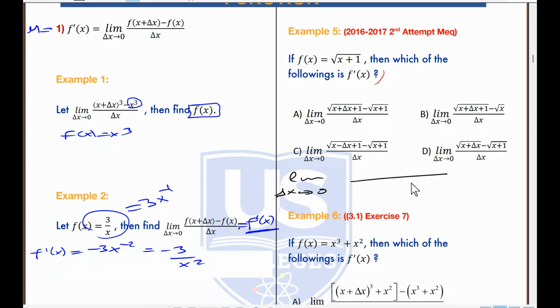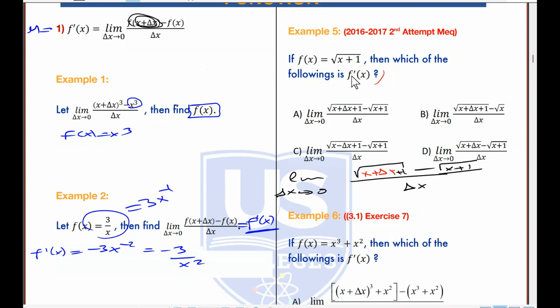f of x plus delta x. So you'll replace your x with x plus delta x like evaluating function. Your x becomes x plus delta x. Square root of x, which is x plus delta x, plus 1, minus f of x, which is the original function, square root of x plus 1, divided by, in denominator, you have delta x.